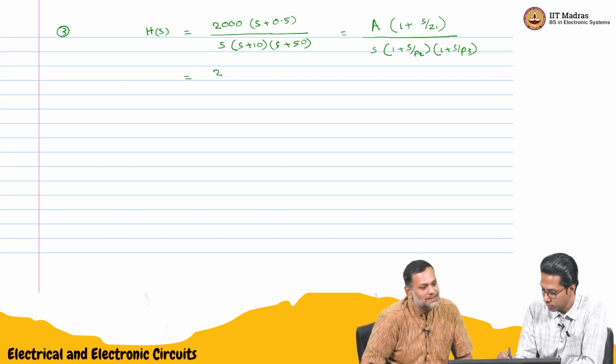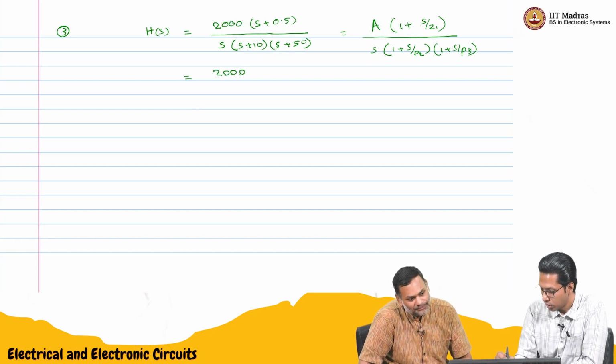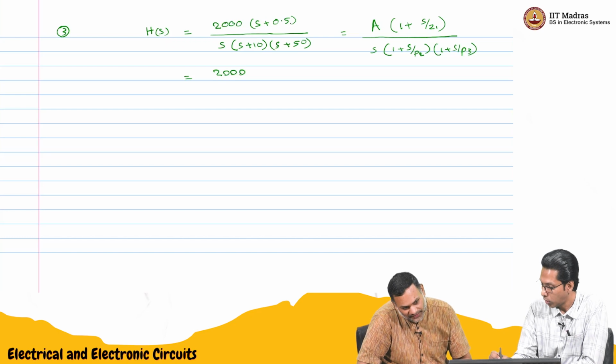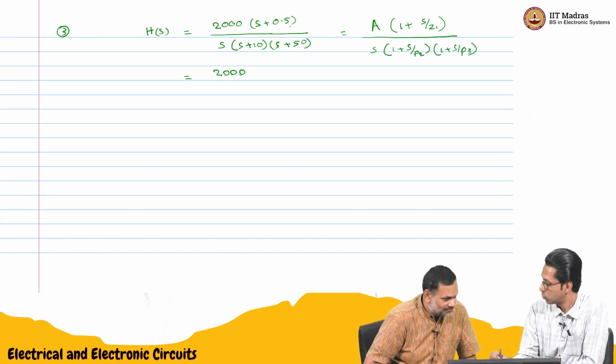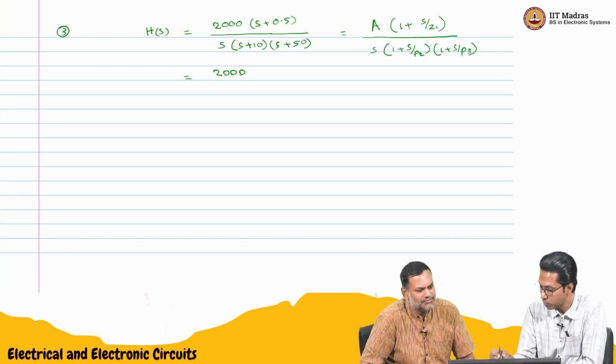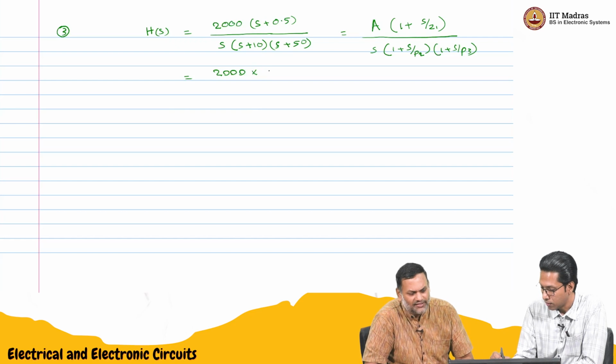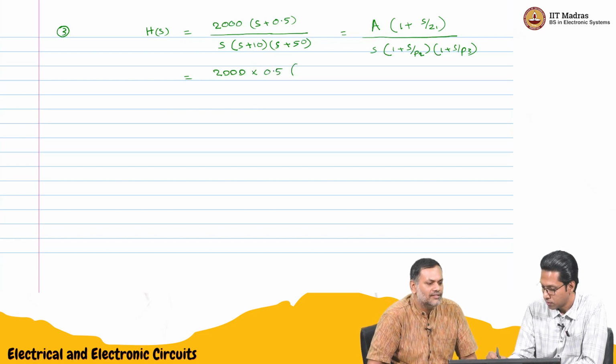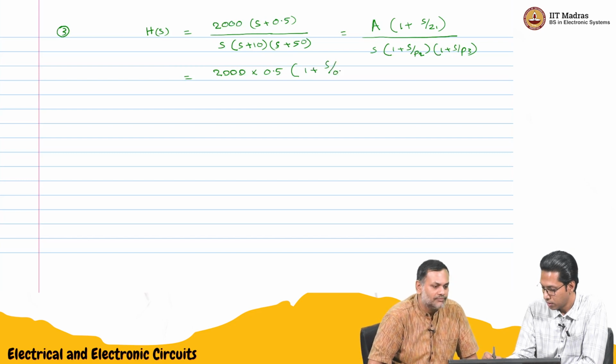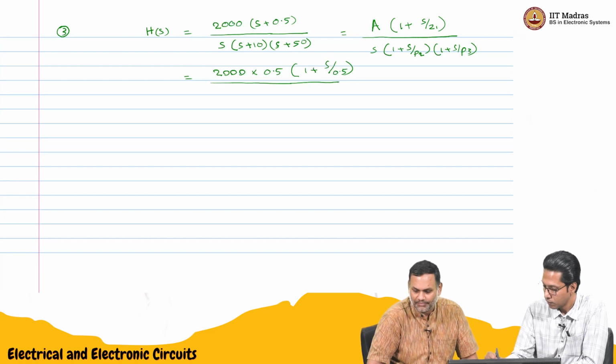So that means, 2000. I need to multiply by 2, or we'll just bring 0.5 outside. You can multiply this by 0.5. So that will be 1 plus s by 0.5, divided by s.